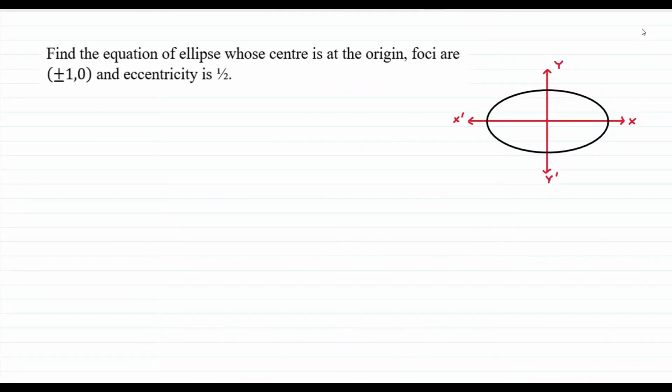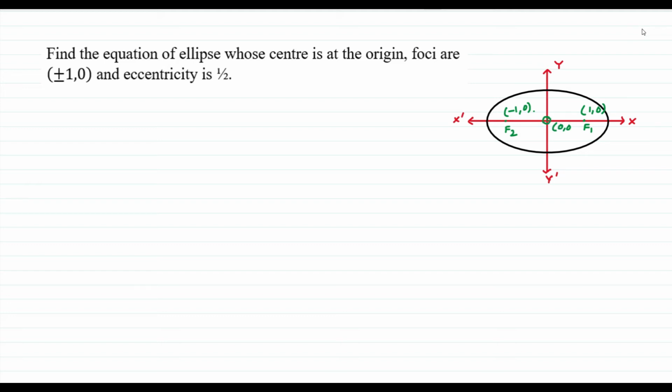Now again we have to find out the equation of the ellipse whose center is at origin, and foci are given plus minus 1 comma 0 and eccentricity is half. So foci means we should consider here f1 and f2. The coordinates are 1 comma 0 and minus 1 comma 0. Eccentricity is half and center at origin 0 0.